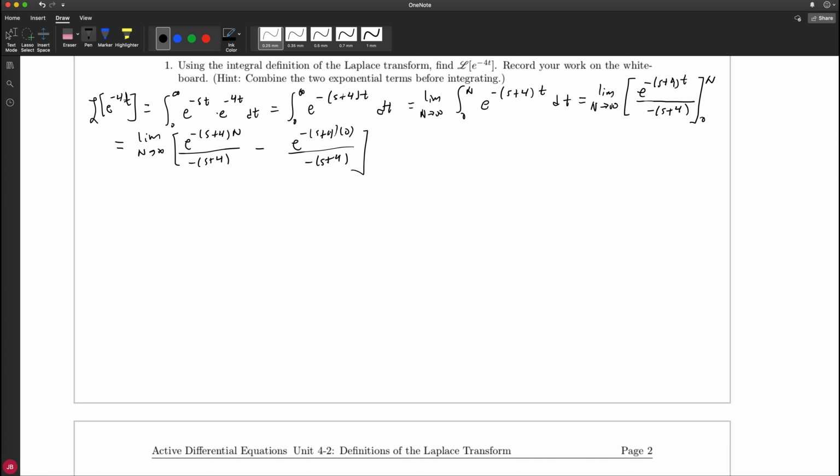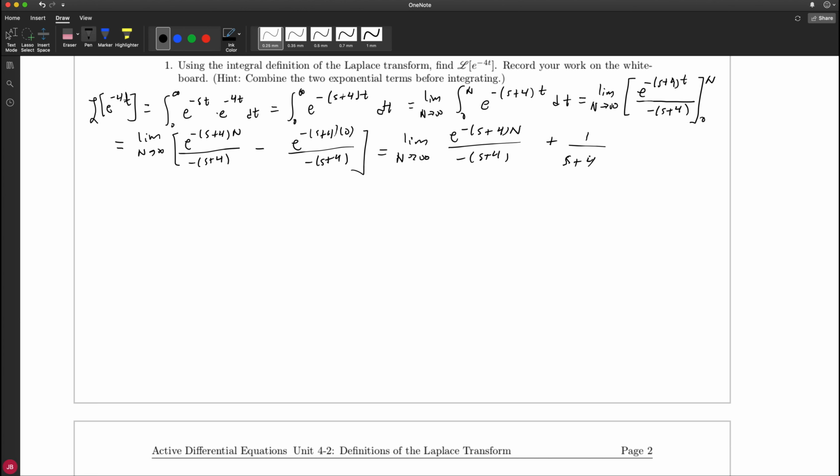You'll notice this is just e to the 0, which is 1 in the numerator. I get a double negative. So this is the limit as n goes to infinity of e to the negative (s plus 4) times n all over negative (s plus 4), plus 1 over (s plus 4).